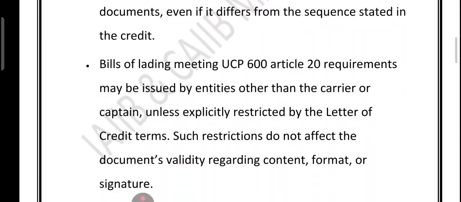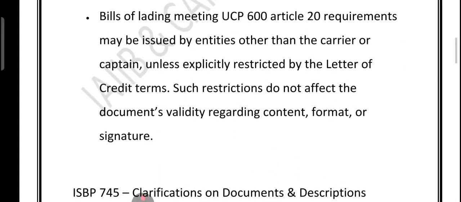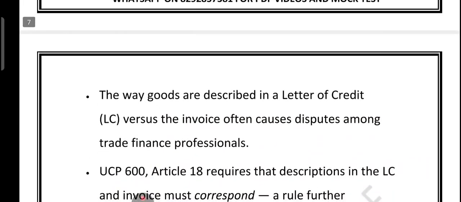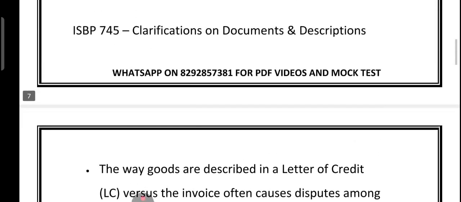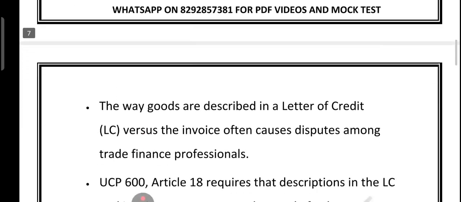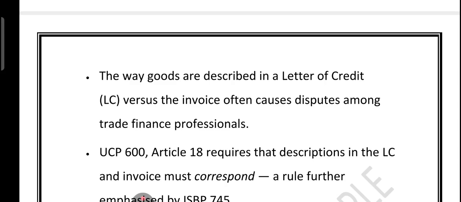Some more points about ISBP 745, as you can see. So let's talk about one of the biggest headache points in trade finance, which is the document description under the letter of credit. Many disputes happen when the way goods are described in the letter of credit does not match the way they are described in the invoice.